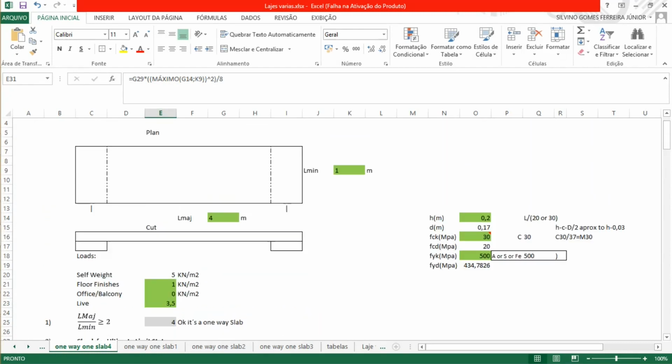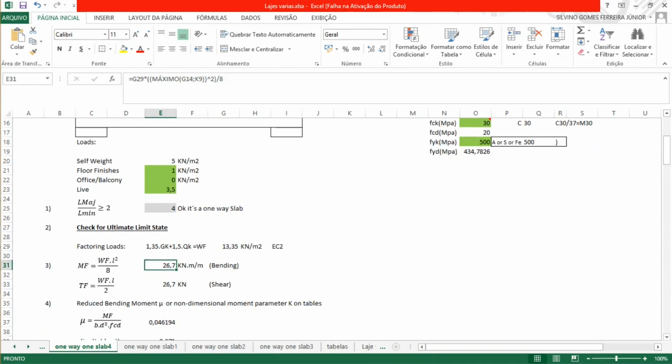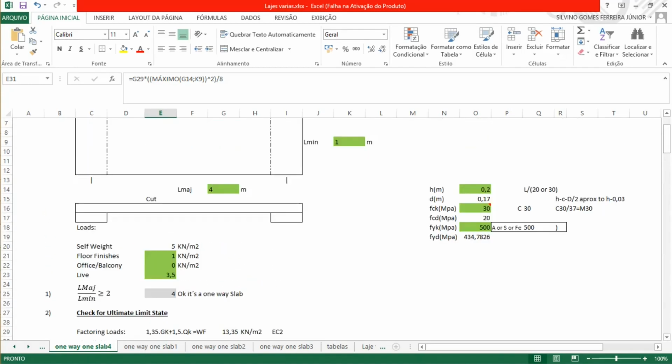Since we consider only 1 meter, we're going to consider only 1 meter for the section that we are evaluating. And for the shear, you have the factored weight multiplied by the length. This length is in this case the bigger one because it's supported on this.